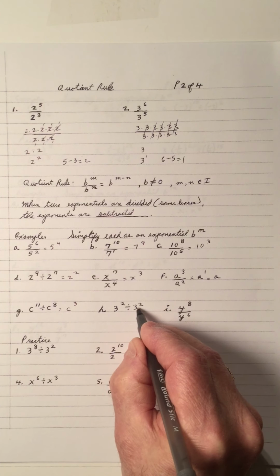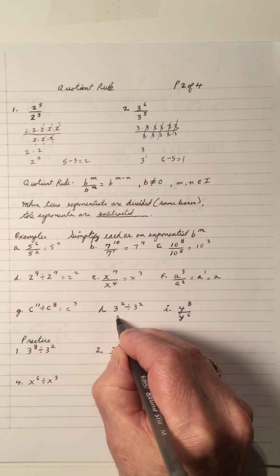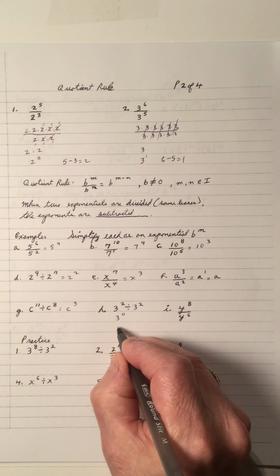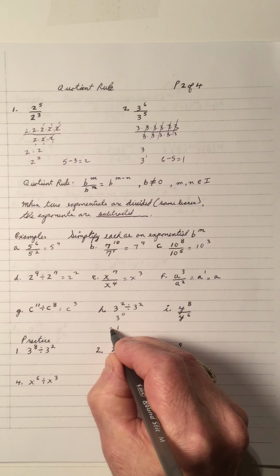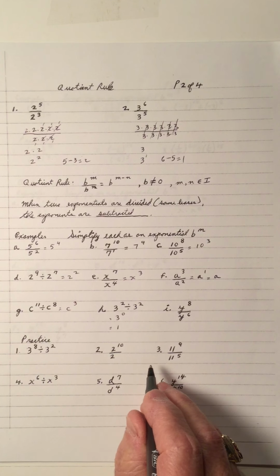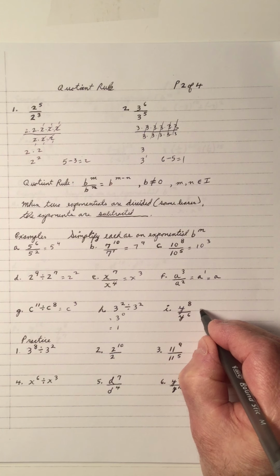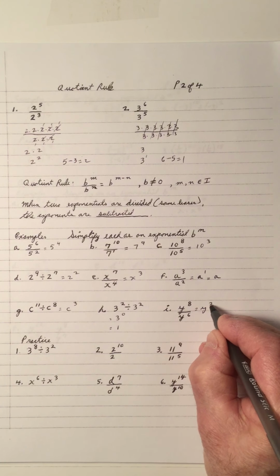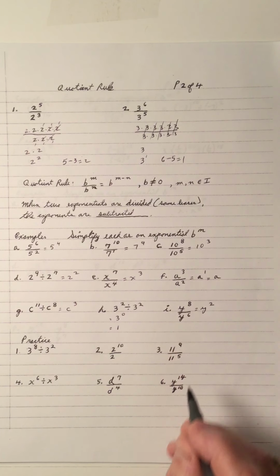The base is 3. Because we're dividing, we subtract. 2 subtract 2 is 0. And 3 to the 0, any number to the 0 power is 1, except we cannot have 0 to the 0. And y is the base, and we're dividing, so we subtract the exponents. 8 subtract 6 is 2.